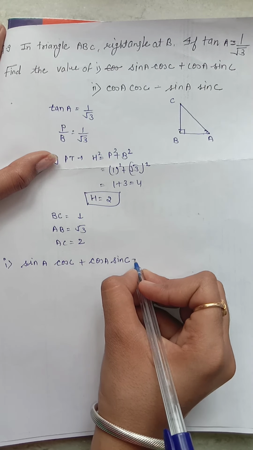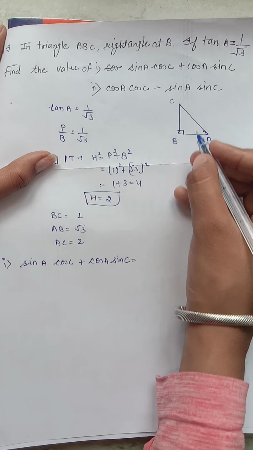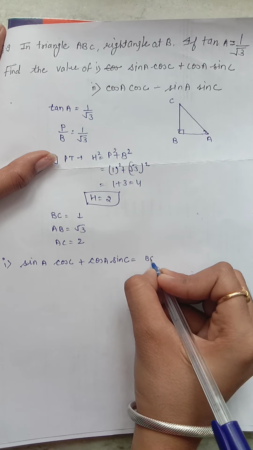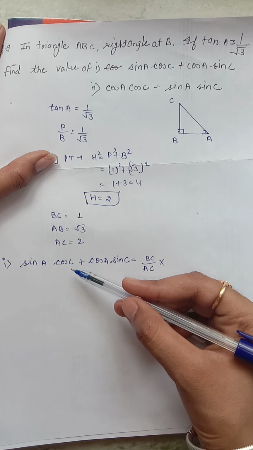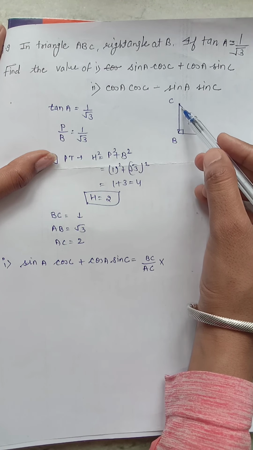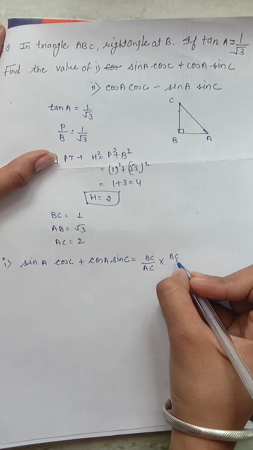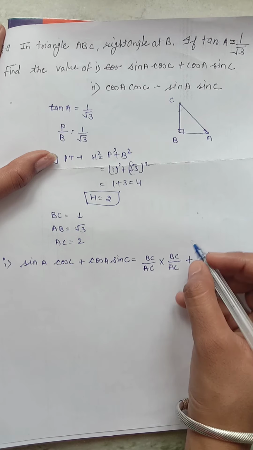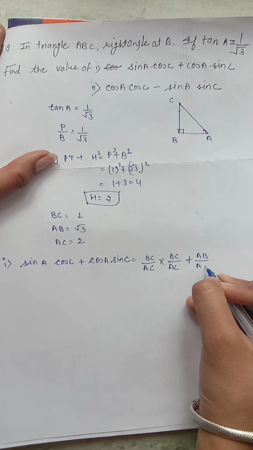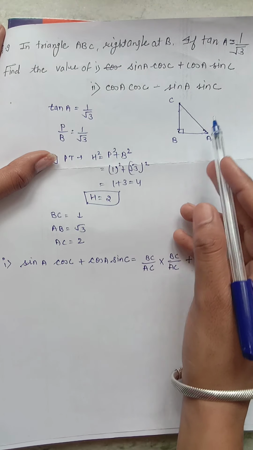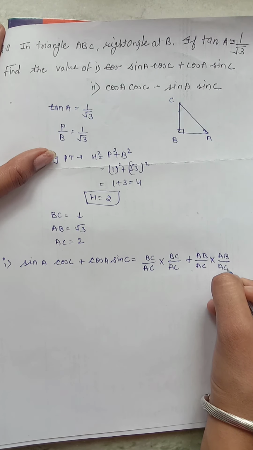Sin A is perpendicular upon hypotenuse, perpendicular BC, hypotenuse AC, into cos C. Formula for the cos is base upon hypotenuse, so BC upon AC, plus cos A, which is base AB upon hypotenuse AC, into sin C, perpendicular AB upon AC.